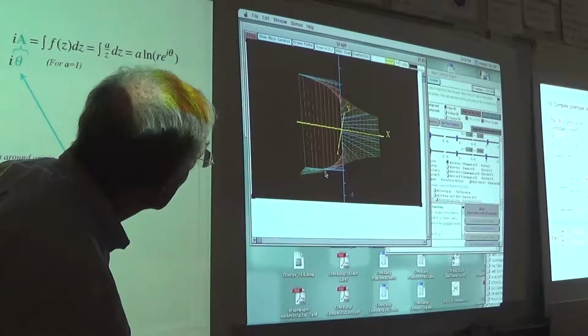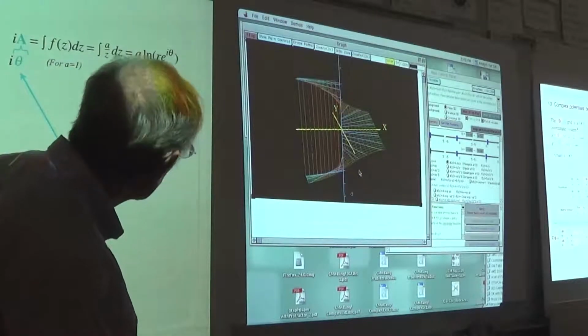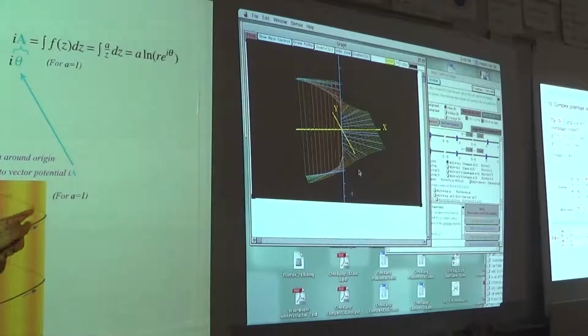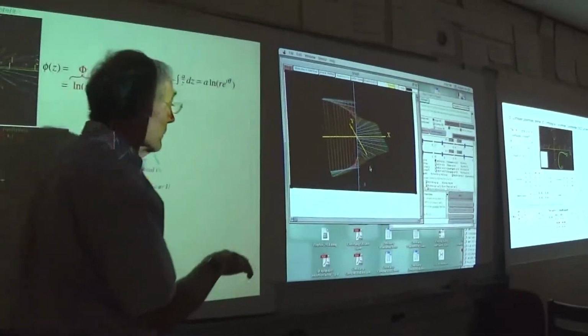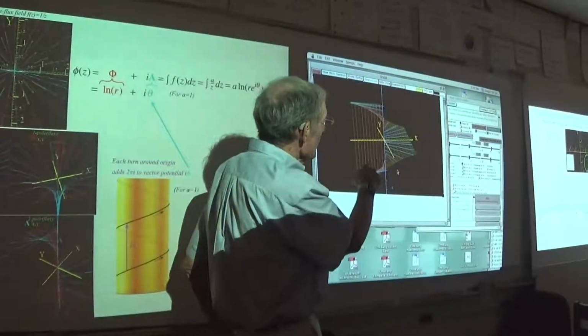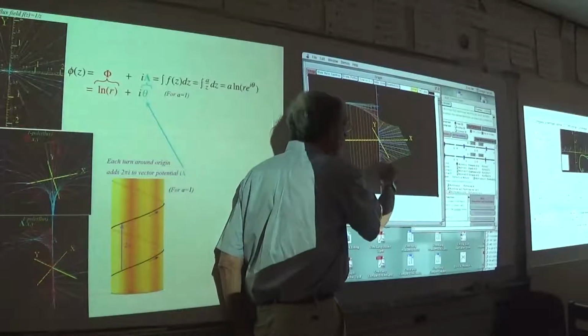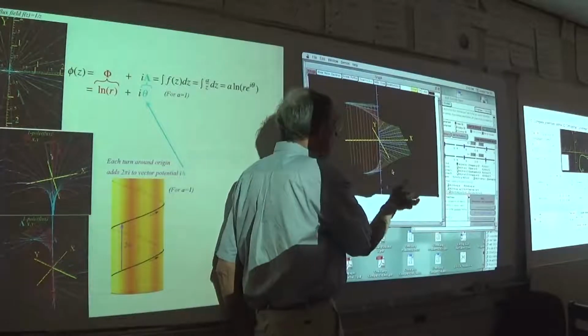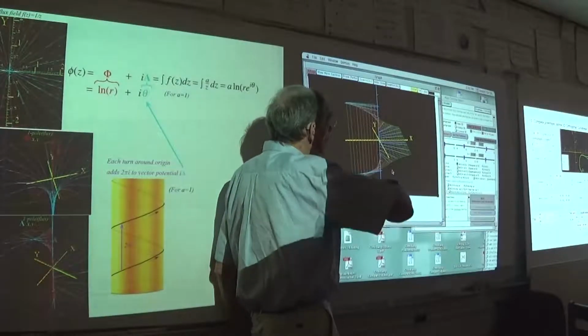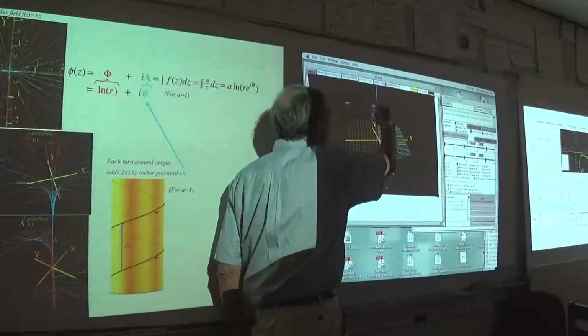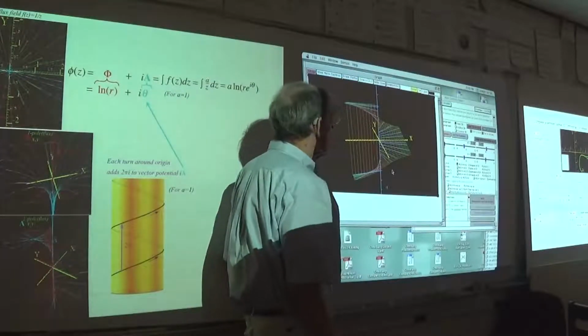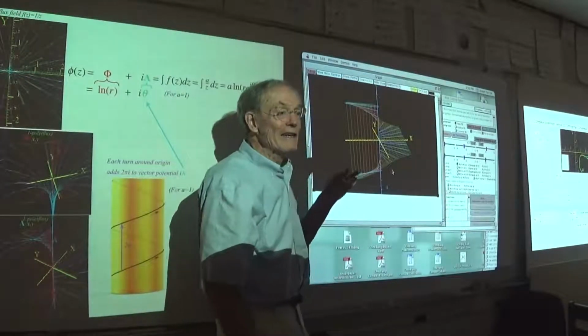Because you see, it has to cut off. This thing is basically that. But what do you see there? Those theta lines, constant theta lines, the polar angle lines, are all straight out from the axis. This is a spiral staircase.